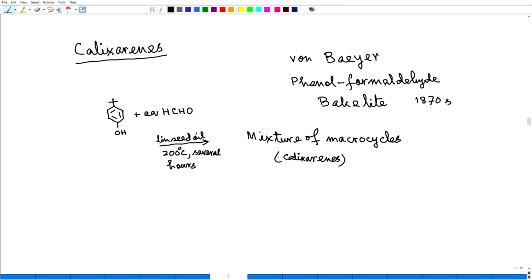Okay. So, therefore, we can get calixarenes, or these macrocycles, if in a controlled fashion we react para substituted phenol with aqueous formaldehyde, we get this mixture of macrocycles called calixarenes. However, if this is unsubstituted, then you can get this plastic.